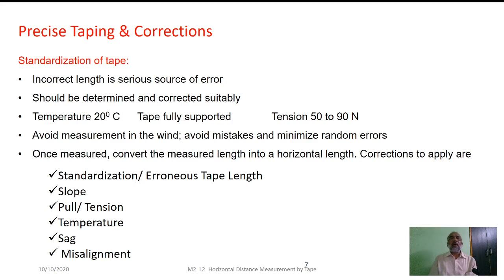As we measure the distance, we can check its correctness against standardization, that is, the erroneous tape length, or slope, or pull and tension, applied temperature, applied tension and the sag caused because of it, even the misalignment. We'll discuss these particular errors subsequently.